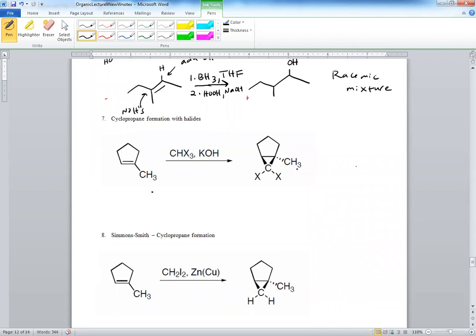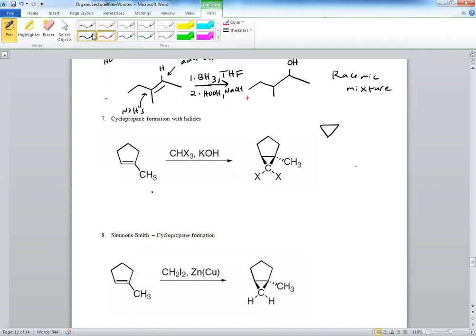Cyclopropane formation. As you see here, you have a cyclopropane formed. This is what cyclopropane is. It's a three-membered ring of carbons. And you see it's formed right there. It replaced the double bond.